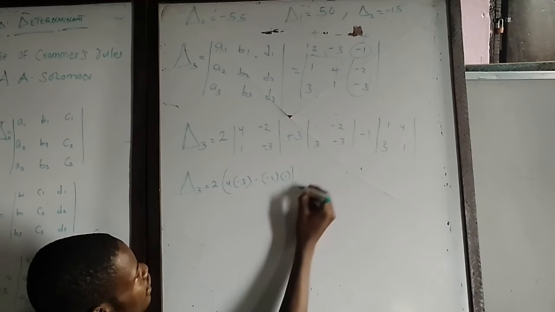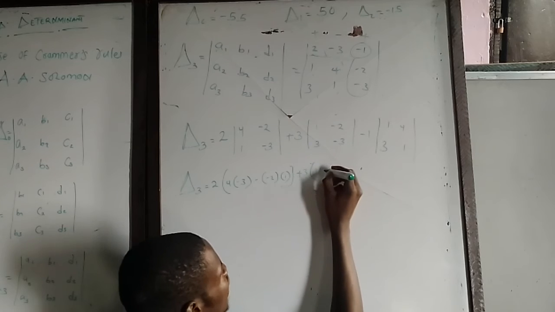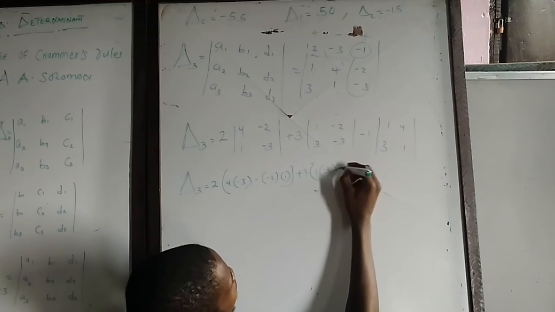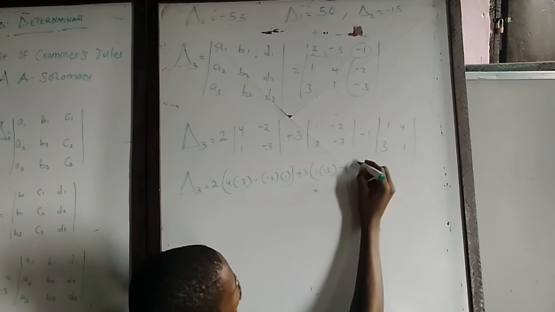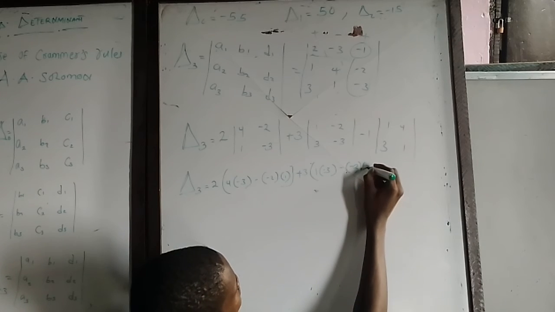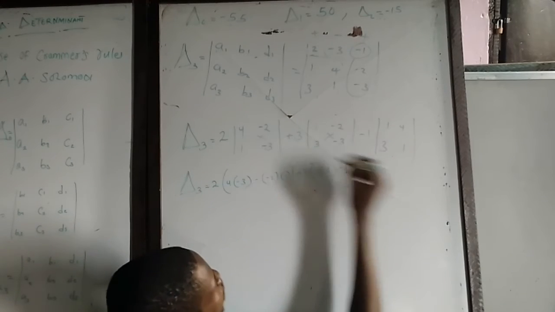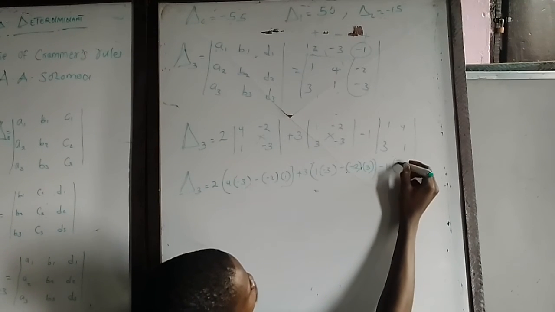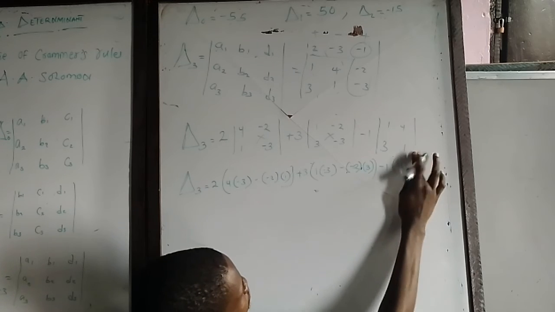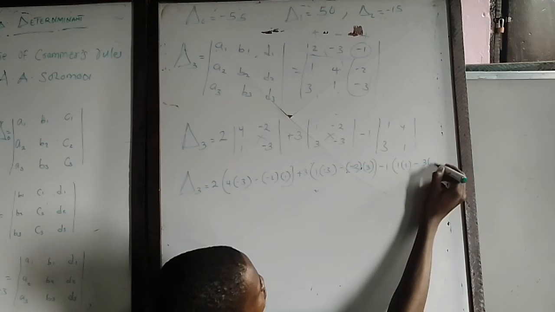You close your bracket, plus 3, open your bracket, 1 times minus 3 minus 2 times 3, then minus 1, 1 times 1 minus 3 times 4. Do you understand?